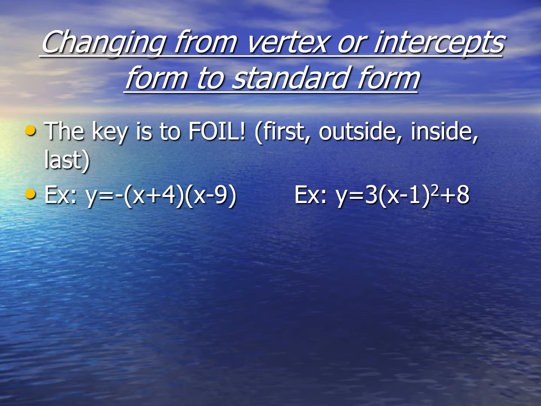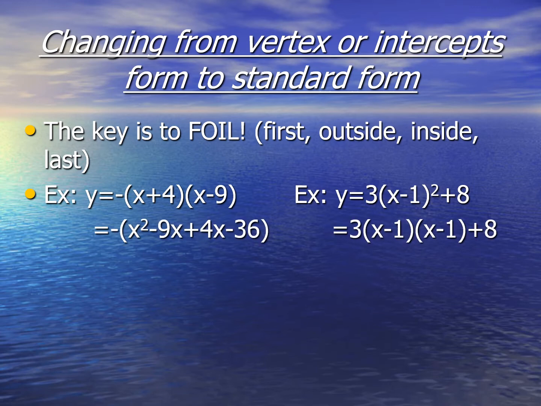So example, y equals negative x plus 4 times x minus 9. In order for us to convert it to standard form, all we need to do is to multiply. So the first example, it is equal to x squared minus 9x plus 4x minus 36.